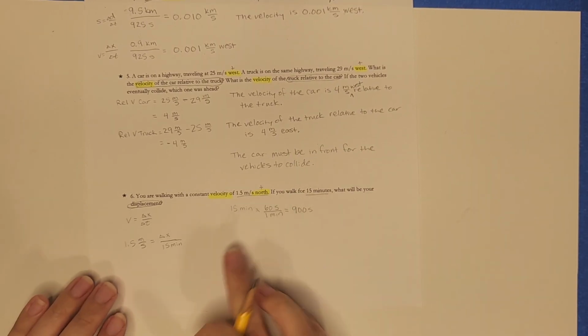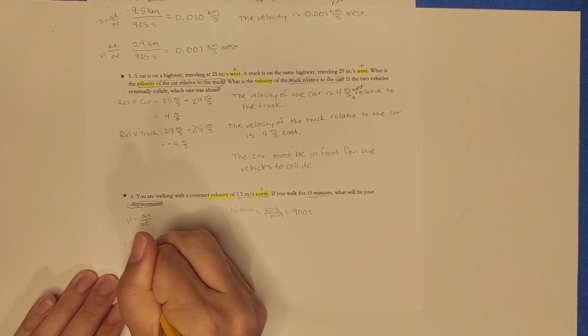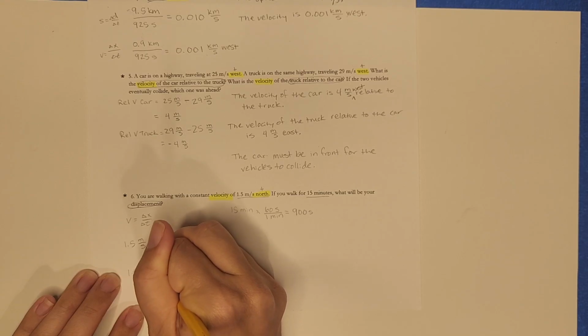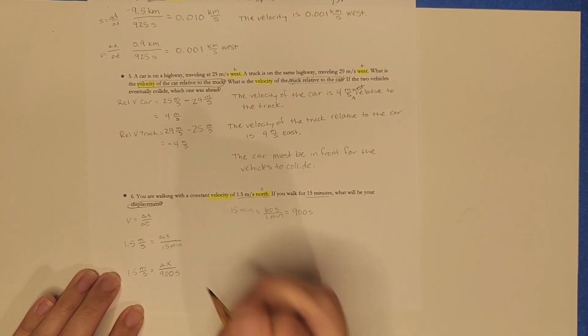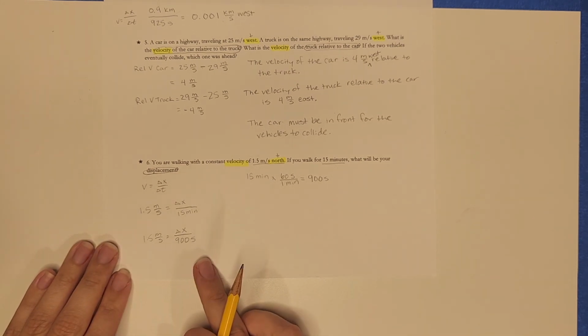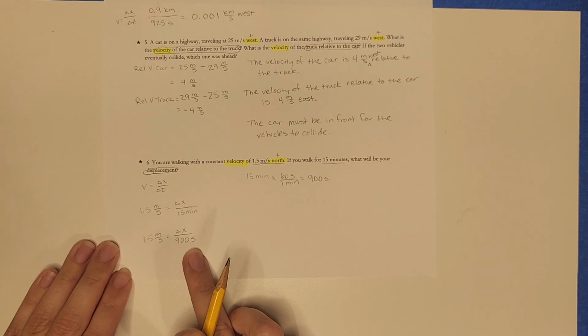Okay. So now that I have that, I'm going to rewrite this. 1.5 meters per second equals delta x divided by 900 seconds. Okay. And so now to get delta x, I'm going to multiply both sides by 900.